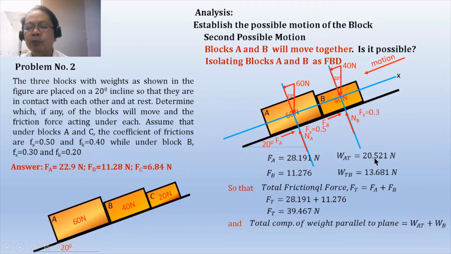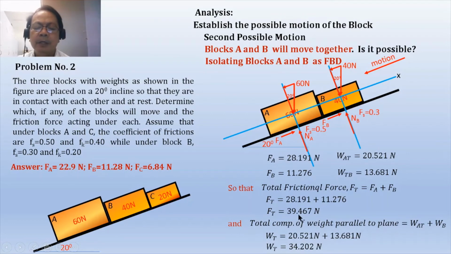These two, when we add them, give us a component parallel to the plane having a magnitude of 34.202. And let us examine: the frictional force that can be developed is greater than the component of the weight parallel to the plane. Hence, our frictional force here is greater than the component. And therefore, what will happen?